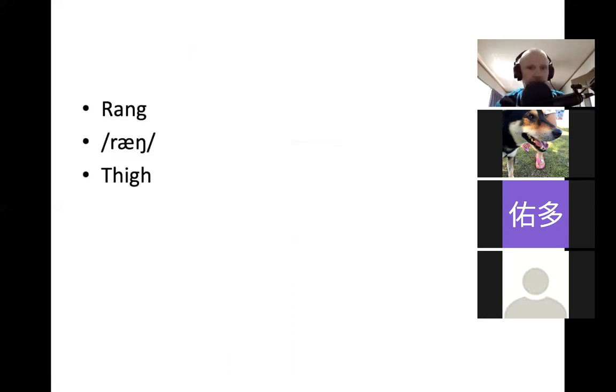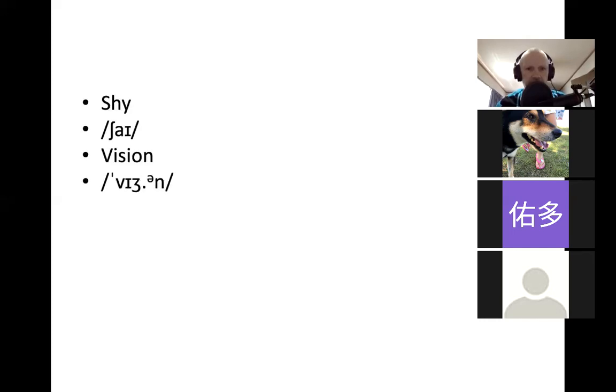Okay. Rang, thigh, then. Shy. Vision. So the zh here is kind of very short, maybe disappearing. You can say it if you want, but usually we just say vision. Right?